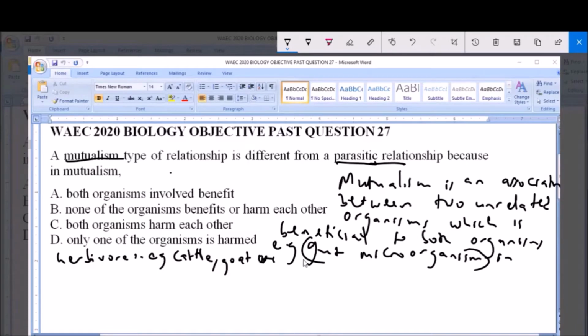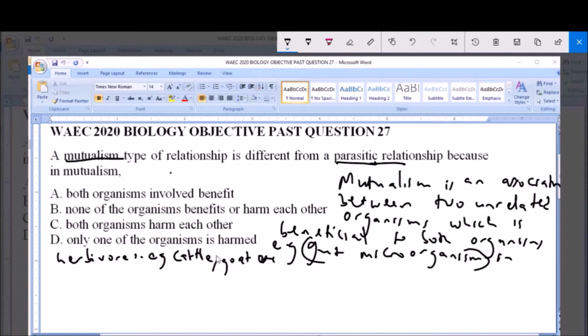So the gut microorganisms help the herbivore to break down food, to break down the complex structures of the plants they eat, and in exchange, the herbivore benefits from the breakdown of its food by the gut microorganisms, and then the gut microorganism benefits from the relationship by the shelter and protection provided by the herbivore.